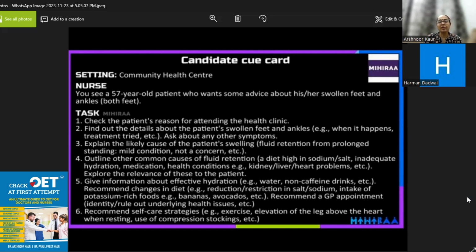So if you have to stand or roam or walk for a long distance or long time, it's beneficial for you if you take some rest in between. After 30 minutes or after 45 minutes, you should sit and elevate your legs up to the level of the heart. In this way, your problem will be solved to some extent.